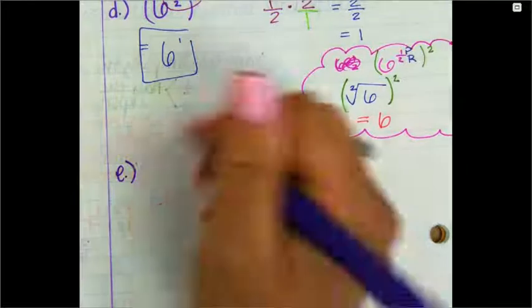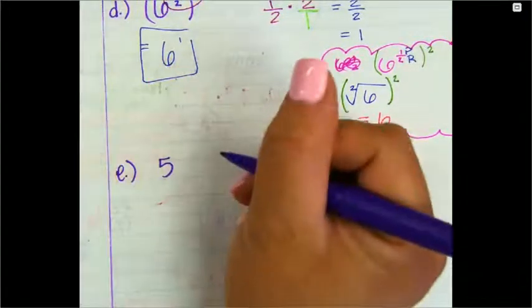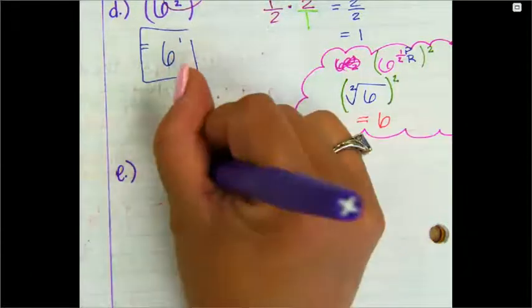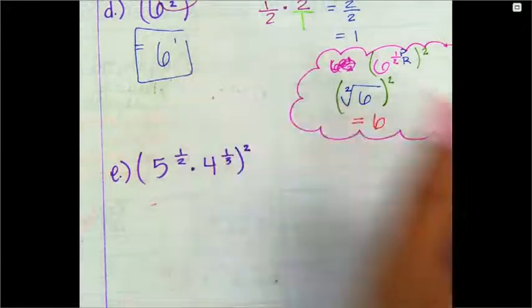Let's switch up the base. 5 to the 1/2 times 4 to the 1/3, all to the second power.